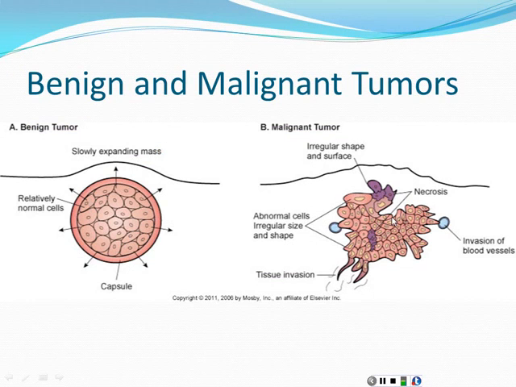They're not expanding in a nice capsule. They're sort of invading their way through things. Malignant tumors invade blood vessels. And all of you know about metastasis, where a little piece of a tumor will break off, travel through the bloodstream, and then start a tumor somewhere else.